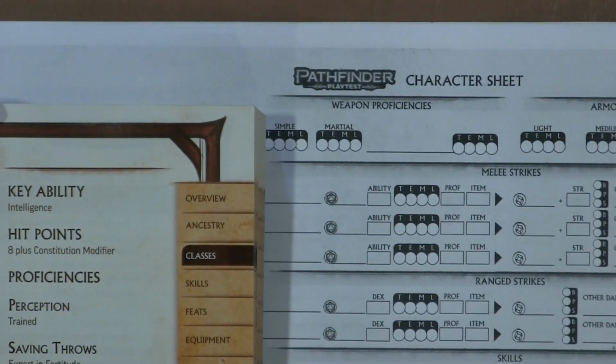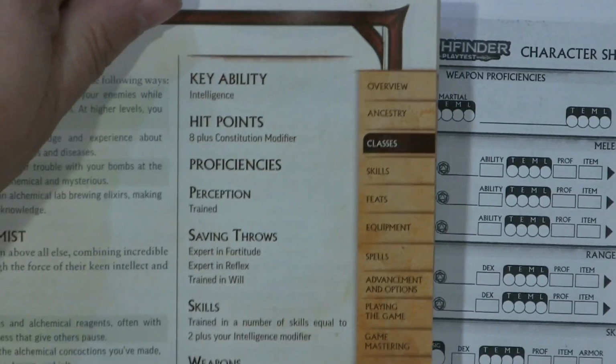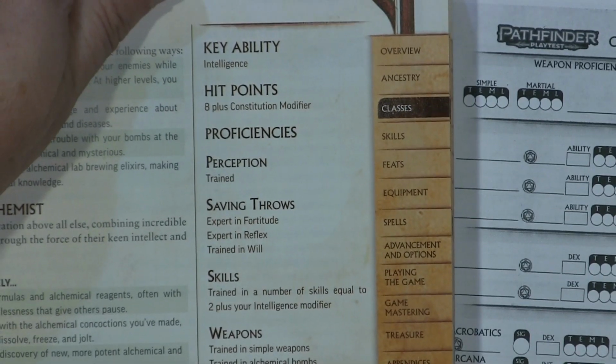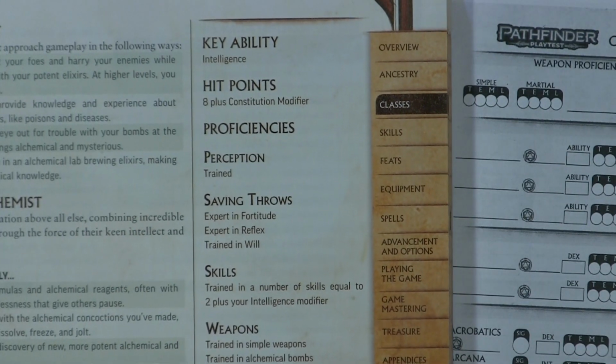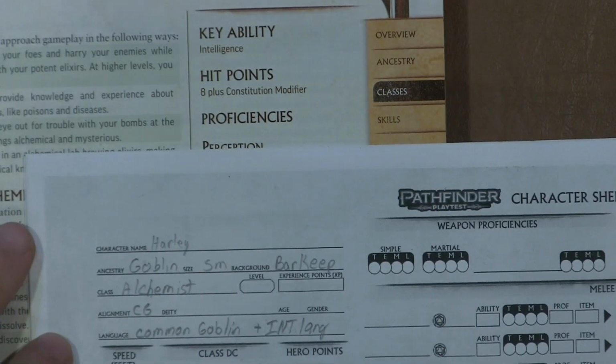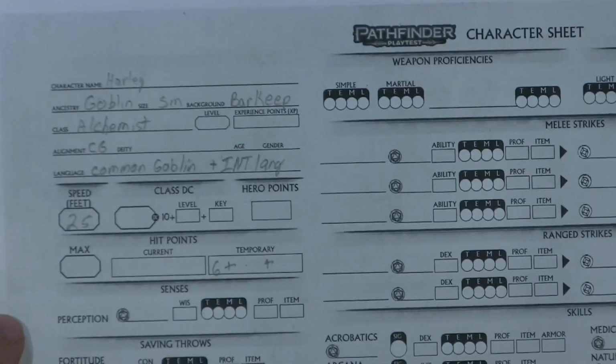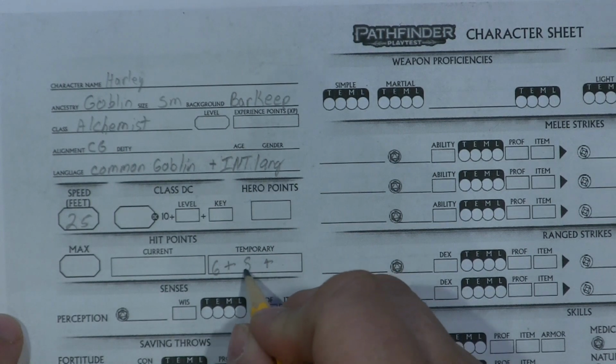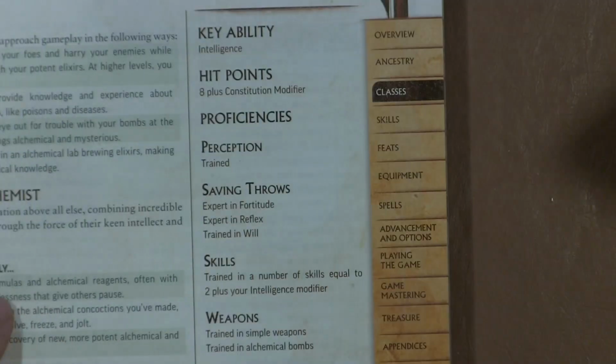So then we can start with the key ability, intelligence, and all of these things. I already noted that the key ability was intelligence. The hit points are 8. He is trained in perception.